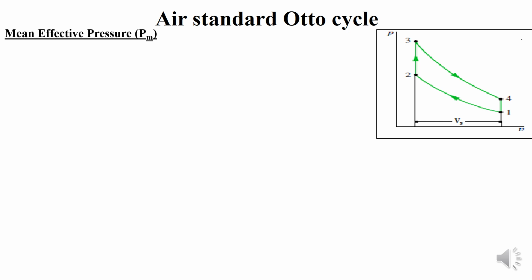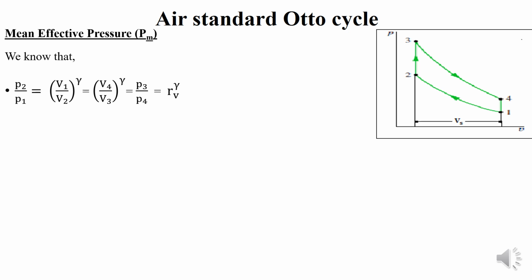First we will consider the first term, that is P1 V1. So how can you represent P1 in terms of compression ratios? P2 by P1 is nothing but (V1 by V2) to the power gamma. This is also nothing but (V4 by V3) to the power gamma, that is also equal to P3 by P4.